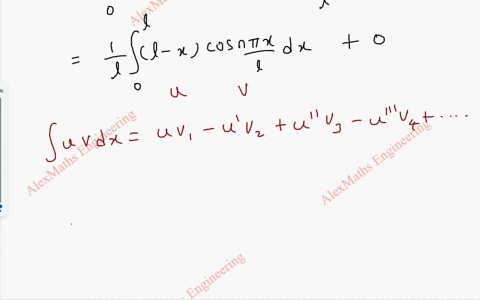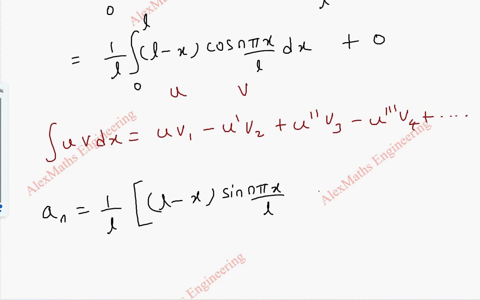Now an becomes 1 by L u v1, u is L minus x, v1 is integration of v, which is sin n pi x by L minus u dash. U dash is derivative of this L minus x, that will be minus 1 because L is 0 and minus x is minus 1. And v2 is the integration of this v1, so which is minus cos n pi.